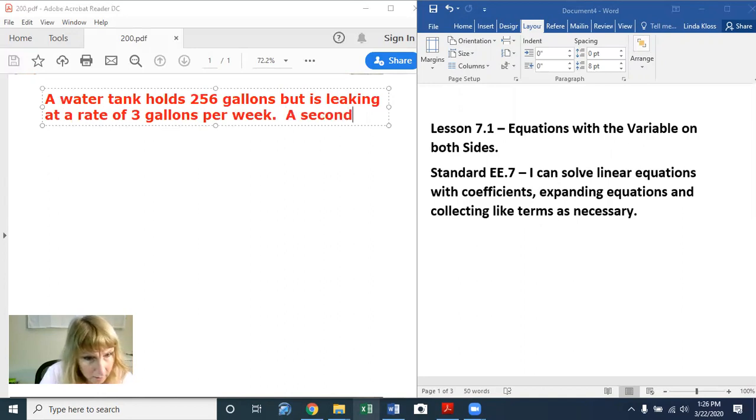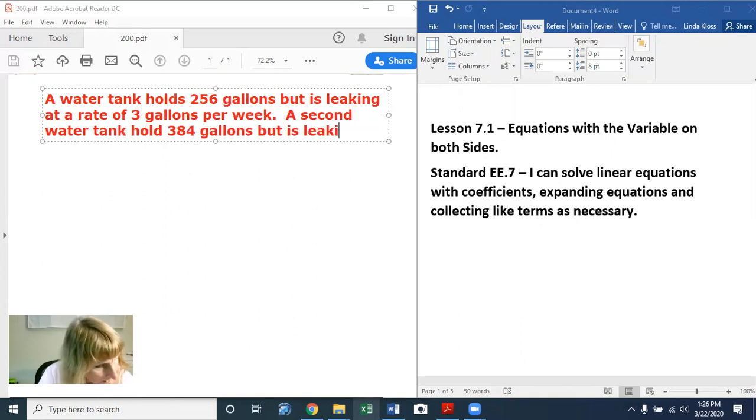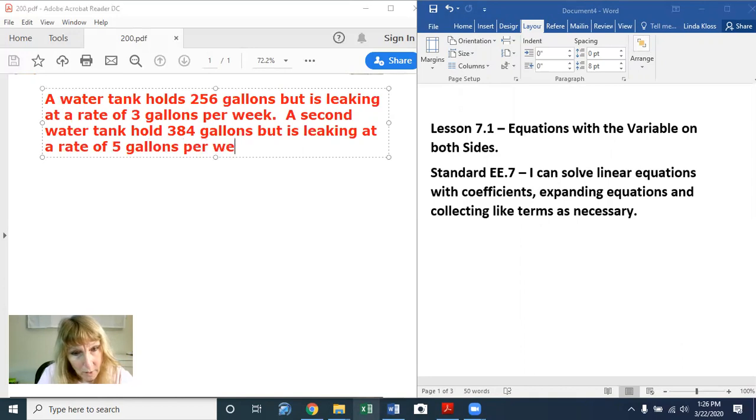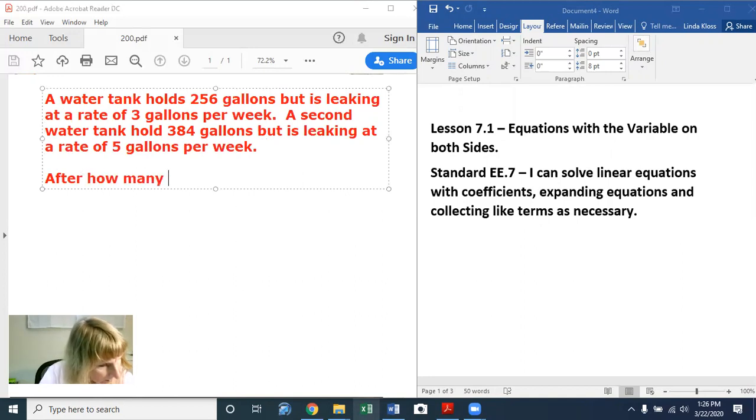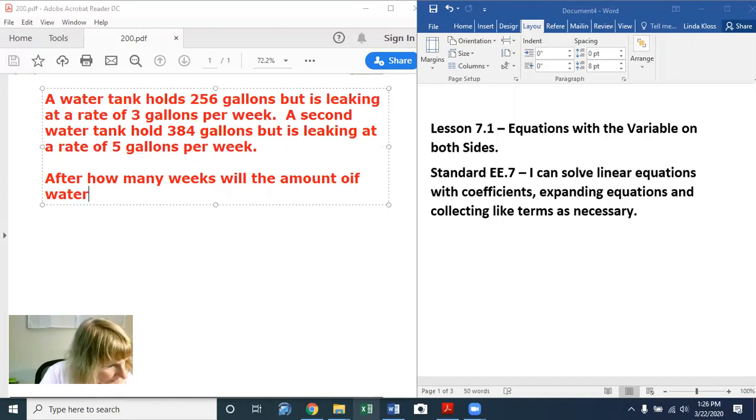A second water tank holds 384 gallons but is leaking at a rate of 5 gallons per week. The question is asking us, after how many weeks will the amount of water in the 2 tanks be the same?